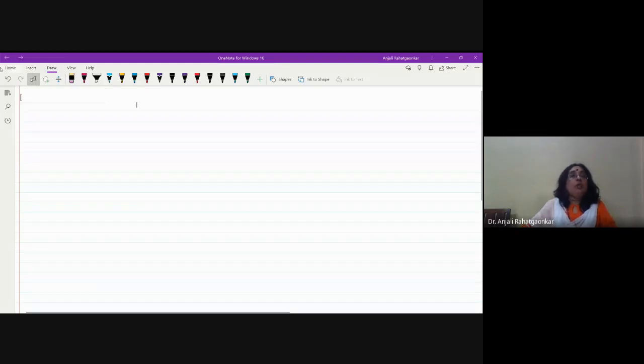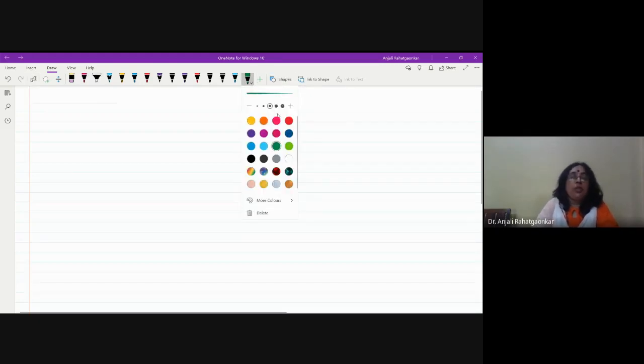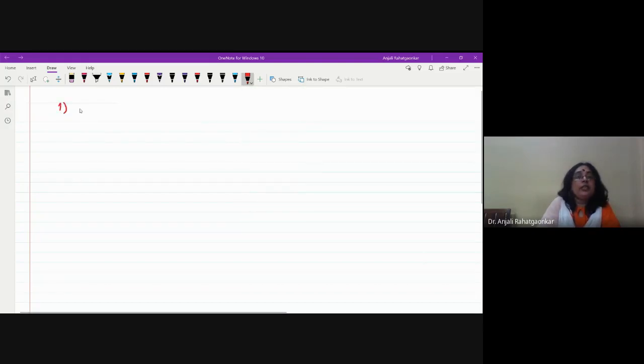Now the next most important topic: here we have started the topics in photochemical reactions, and that is the various name reactions performed in photochemical reactions. The first reaction is the Norrish type 1 reaction.